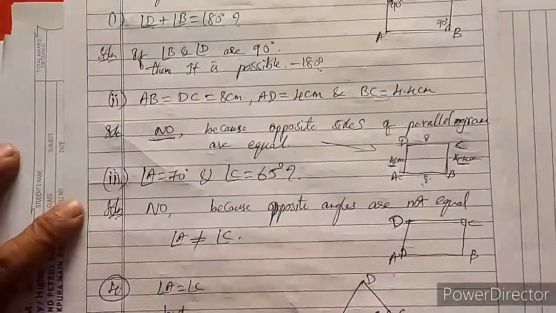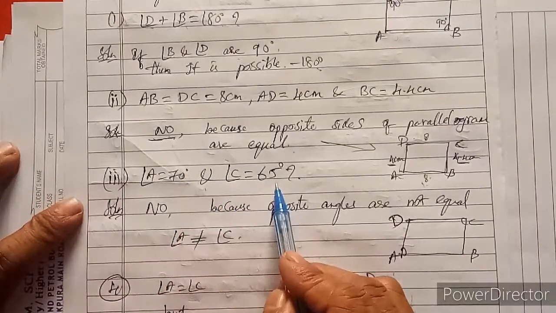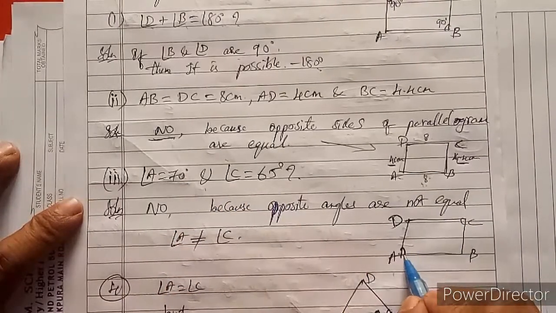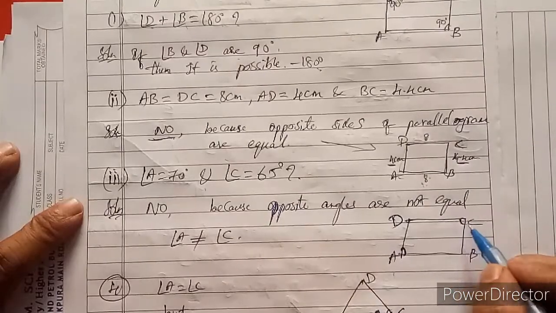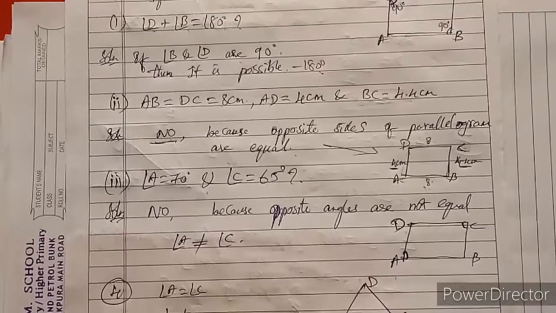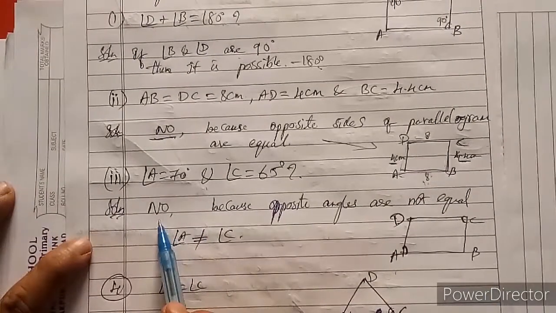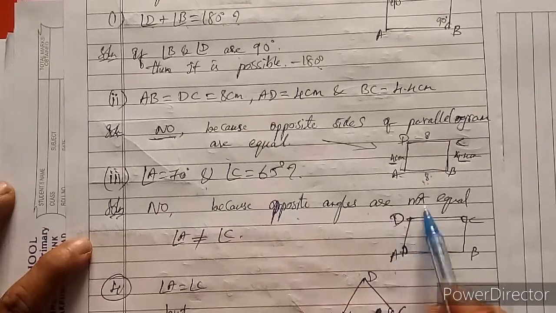And the third sub-question is given: angle A is equal to 70 degrees and angle C is 65 degrees. What is he asking? We have to make a quadrilateral, is it possible? See here, no, because opposite angles are not equal.